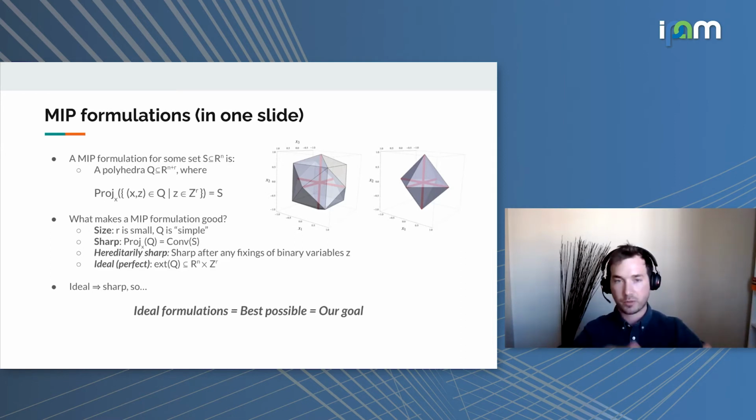So we have our original variables and these new variables that we added, and we build some LP relaxation or polyhedron in this extended space of variables. What we want is that when we intersect that polyhedron with integrality on the new variables and then project them out, we recover our original non-convex set. So we potentially have a great deal of freedom in crafting what this polyhedron looks like, and what these auxiliary integer variables do.